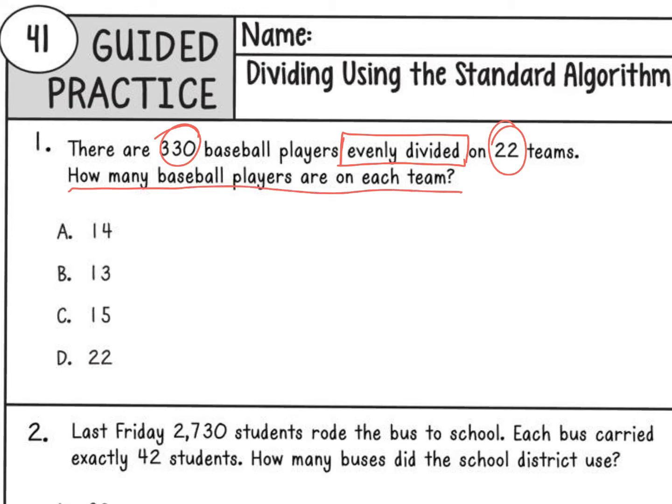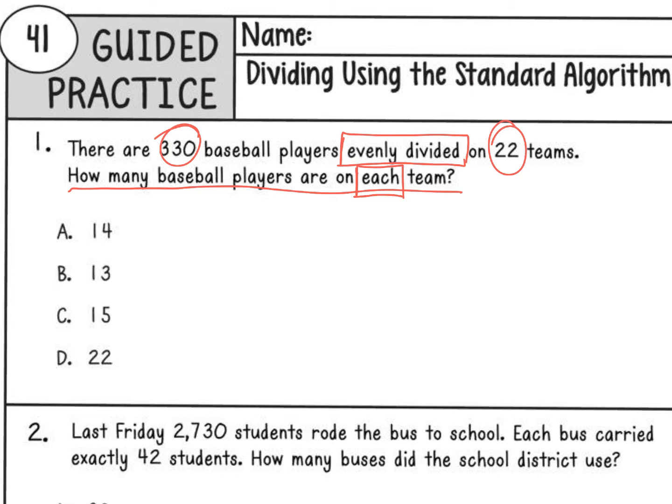How many baseball players are on each team? This is what your problem should look like. Anytime you have a word problem, it should be marked just like this. Numbers are circled, keywords are boxed, question is underlined. If it's super, super long, sometimes there's extra information that you want to eliminate. Okay? Here we don't have anything extra.